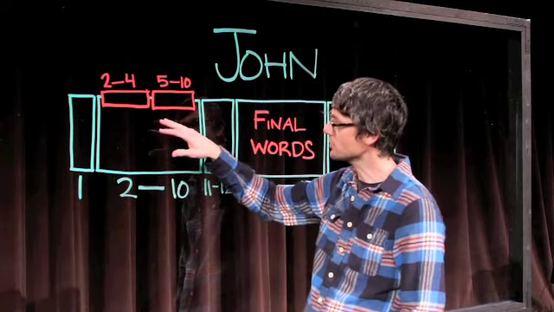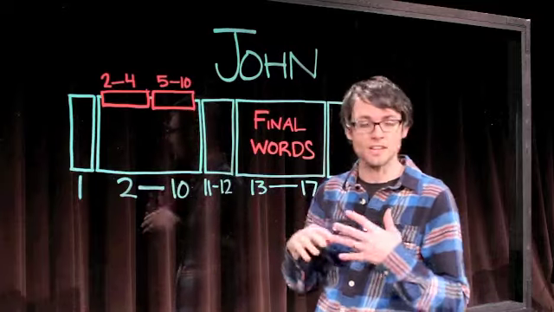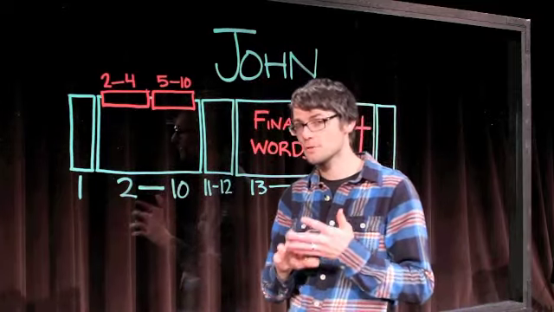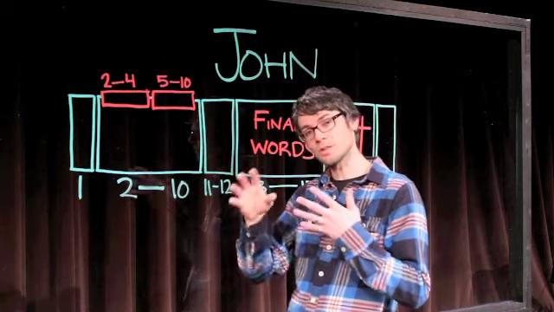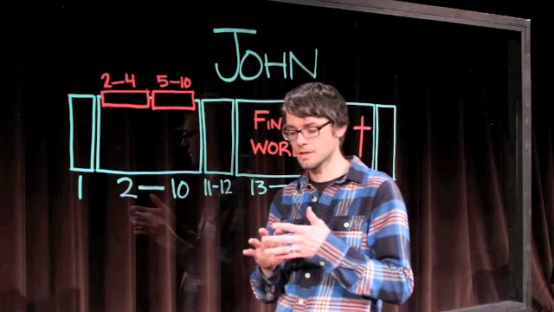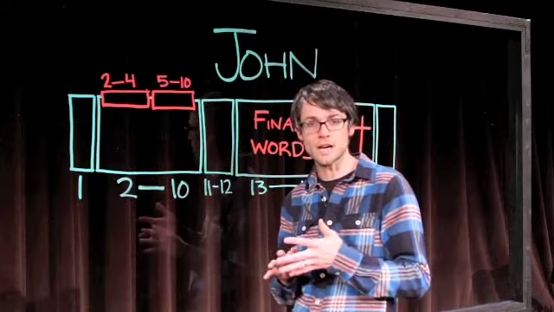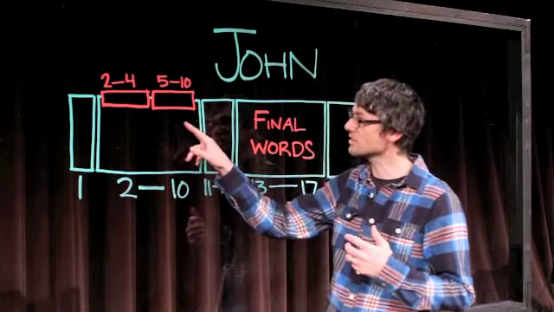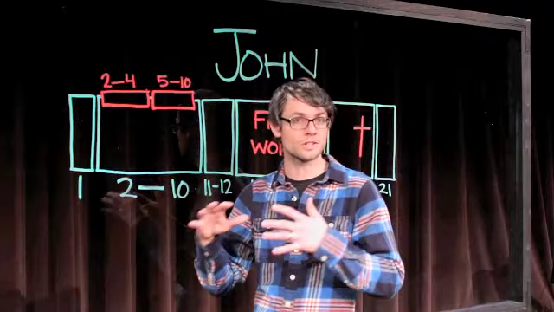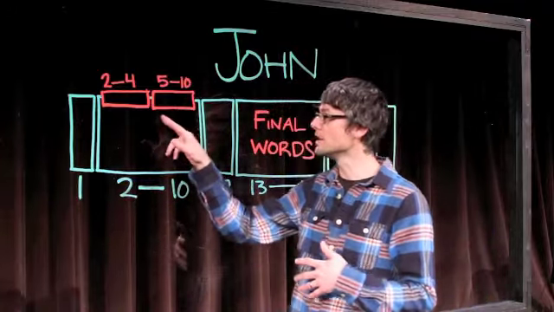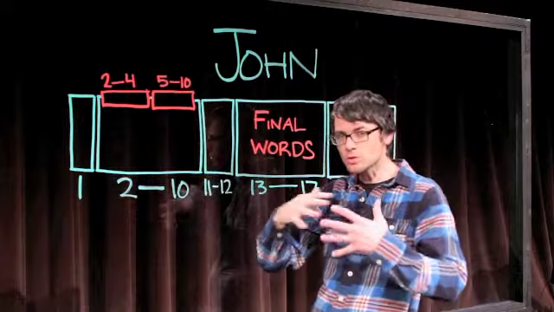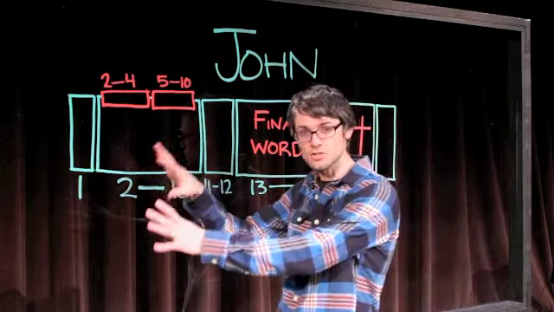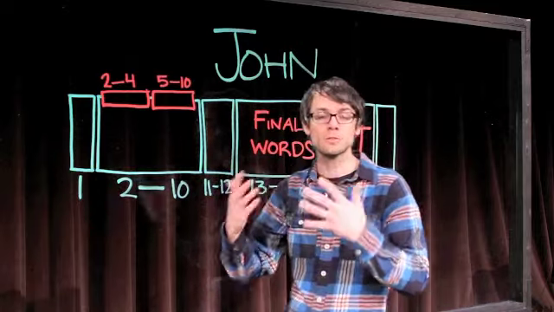In chapters 5 through 10, Jesus ends up going to Jerusalem, or it's different times of year, and there are 4 Jewish feasts that are mentioned here, or sacred times like the Sabbath, or the Feast of Tabernacles, or Passover, or the Feast of Hanukkah. And Jesus has some sort of confrontation, or he does a sign or a wonder, and people wonder who he is, and what he does is he uses the language or imagery of these ancient Jewish feasts to explain who he is.